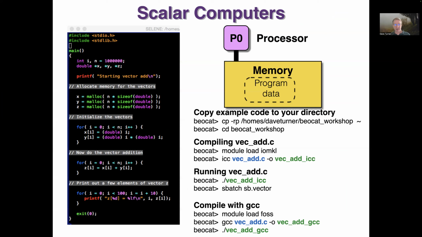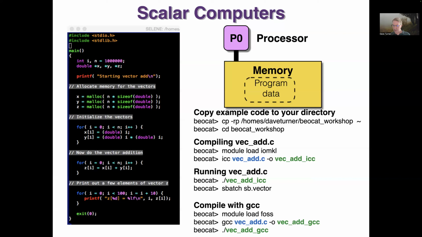And so we're specifying the size as n times the size of a double precision number. So a double precision number is 64 bits long. Then we're initializing things. X sub I is just going to be the double precision of the index I. So it'll be numbers from 0 to 1,000,000 minus 1. And then we're doing the same for Y, but we're setting it as I squared.